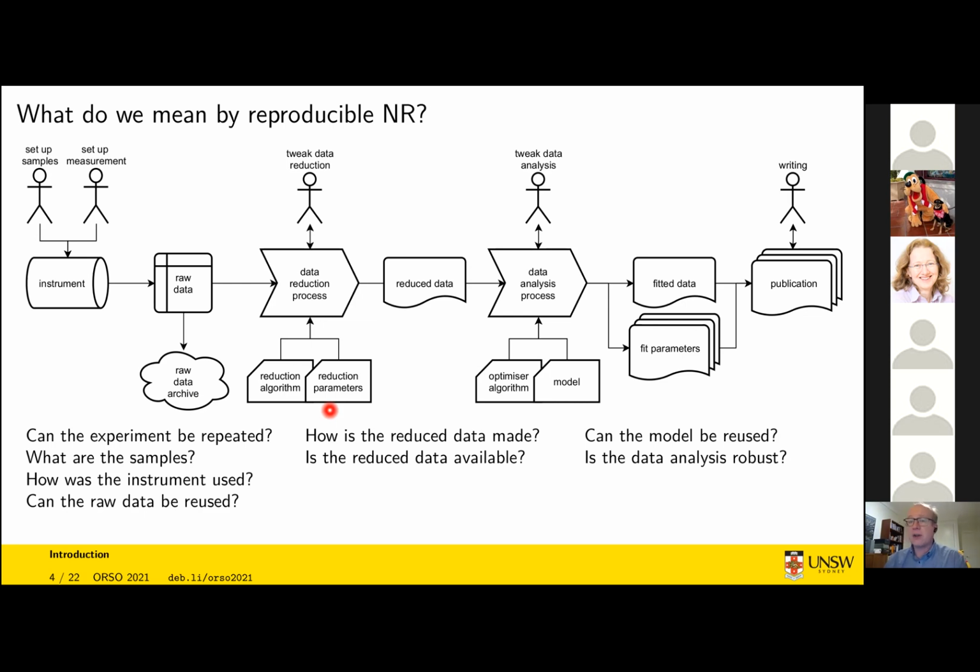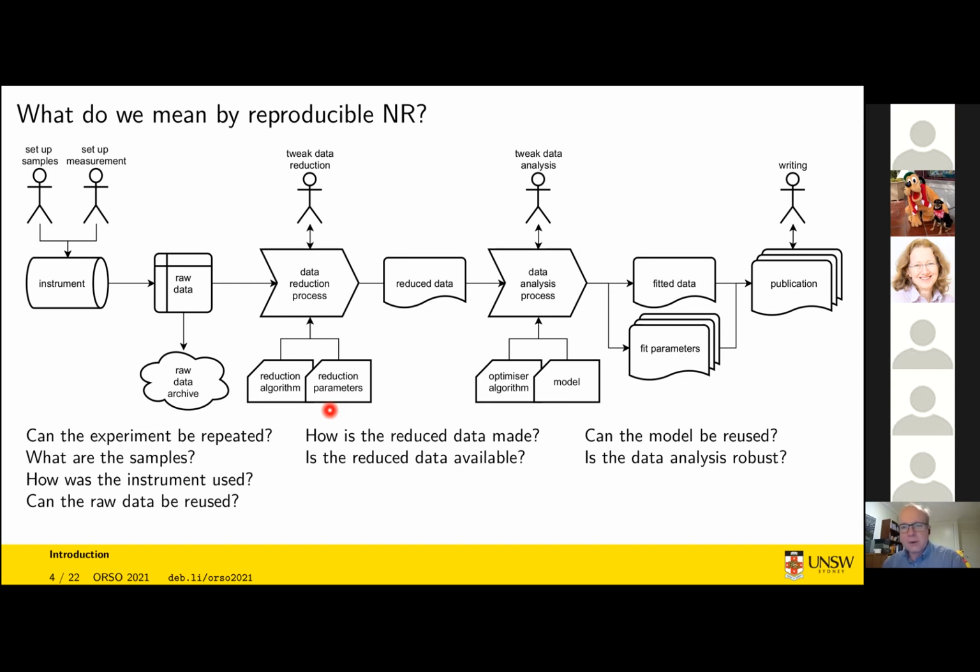Often that reduction is performed in some sort of interactive fashion where either an experienced user or the instrument scientist is tweaking those reduction parameters to try to create reduced data of the highest quality, removing experimental artifact, background noise, etc., as appropriate.